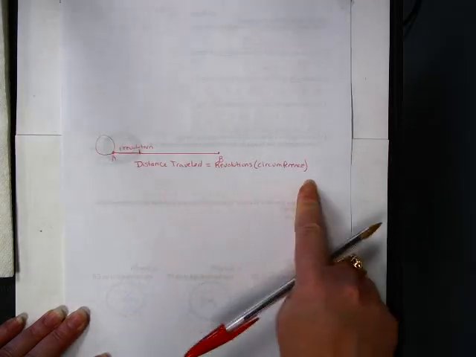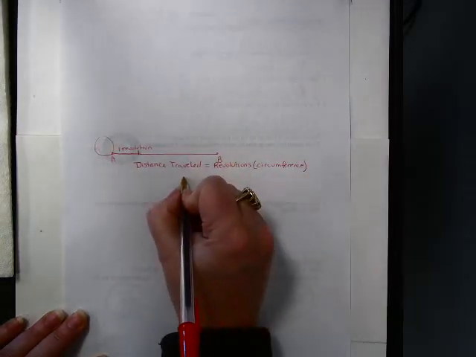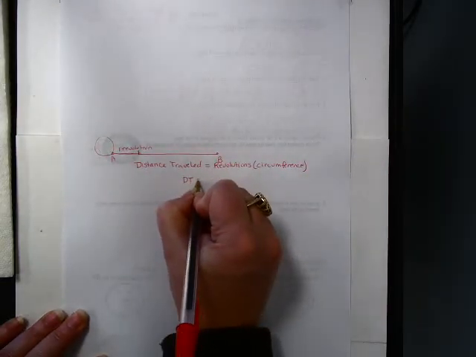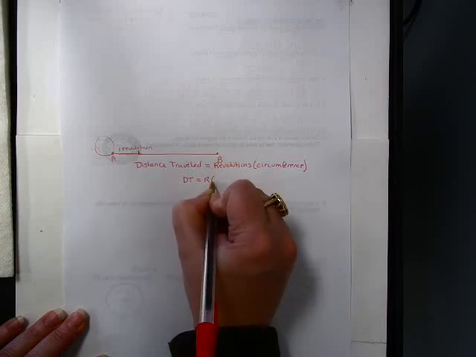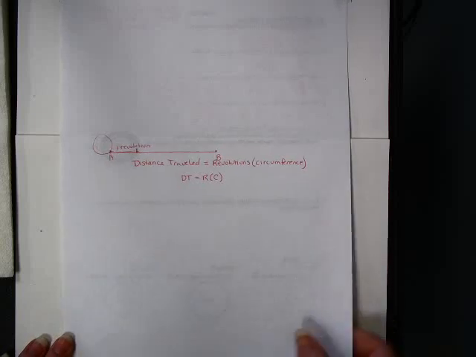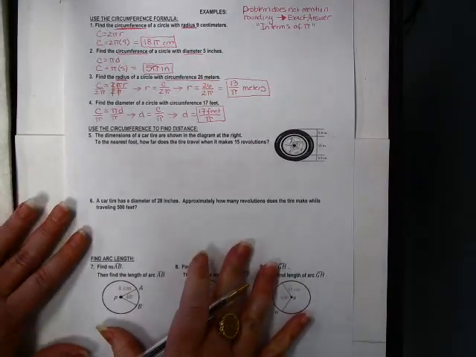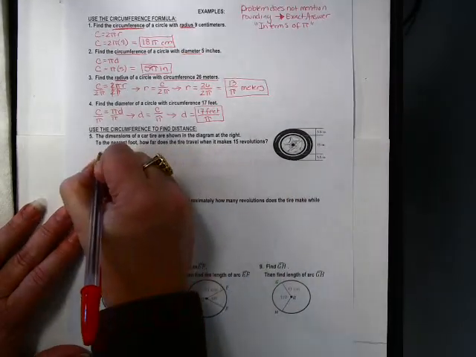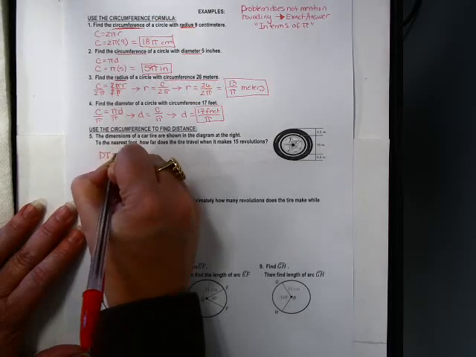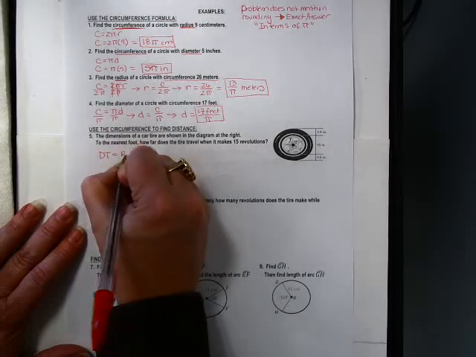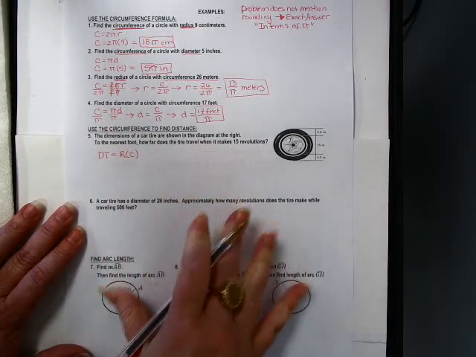Now that's really long to write, so I'm going to shorten this with distance traveled equals revolutions times circumference. Okay, so that's what that stands for. So you're going to see me write that over here. The distance traveled equals revolutions times circumference.